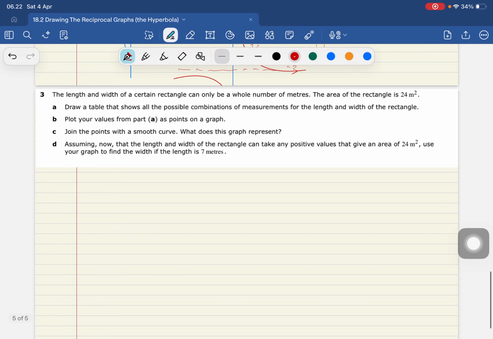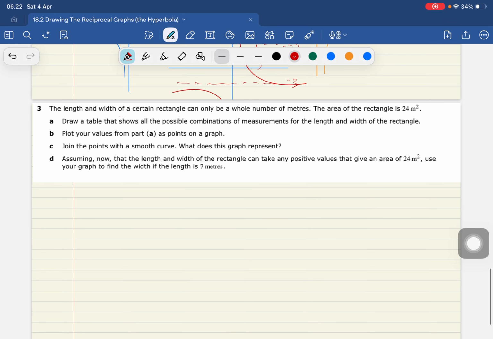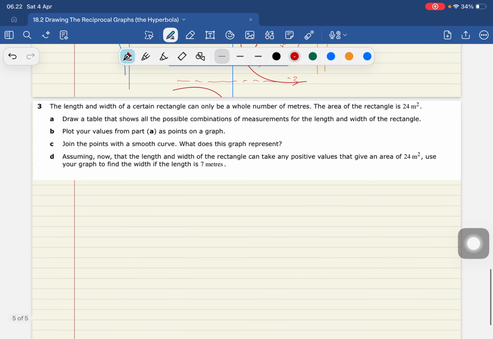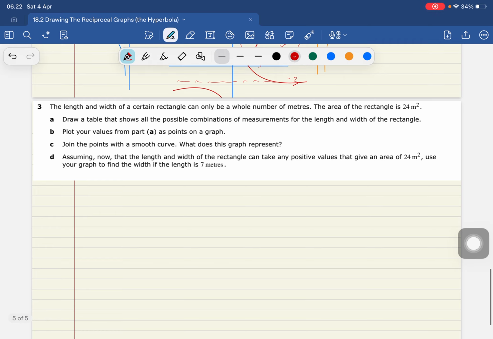Okay, now is number 3. Let's take a look at the question. The length and width of a certain rectangle can only be whole numbers of meters. The area of the rectangle is 24. Draw a table that shows all possible combinations of the length and width of the rectangle. Okay, let me make it.